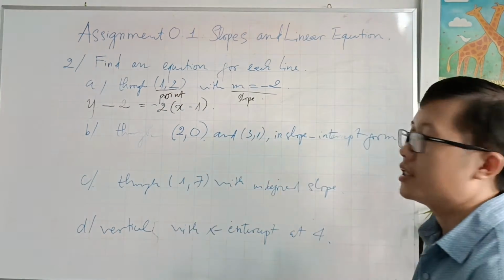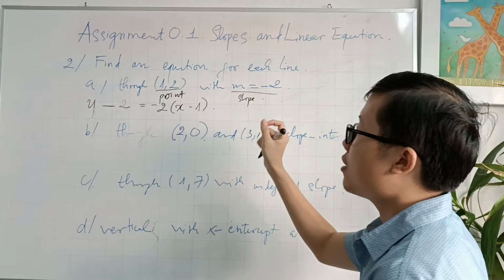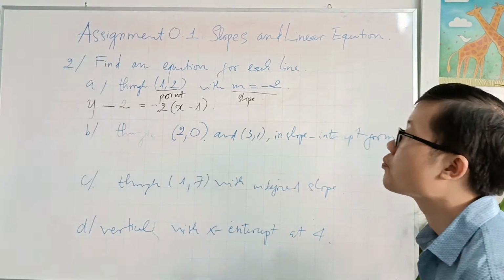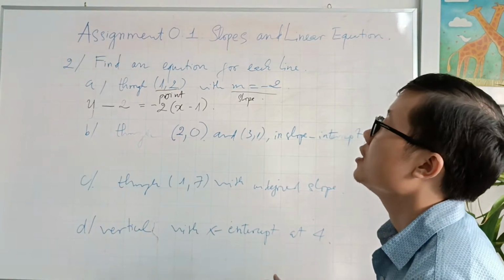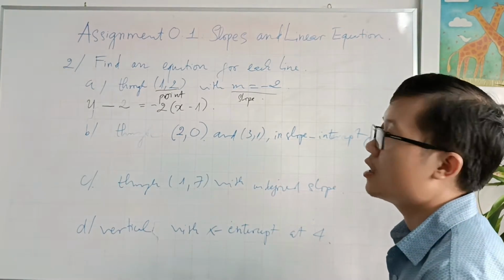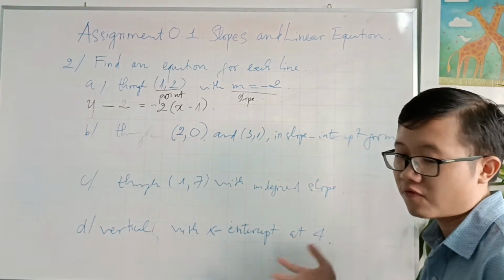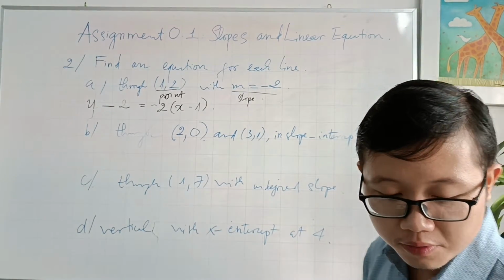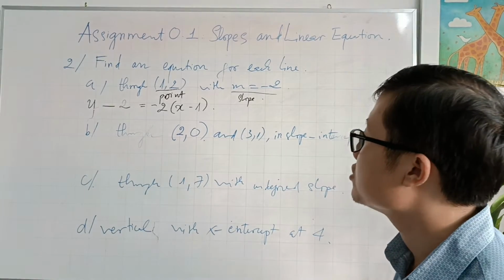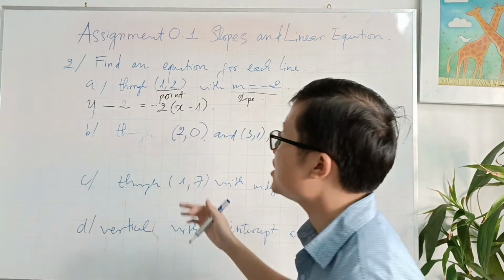Okay, this is the point-slope form. You can expand both sides to find the general form or another form.